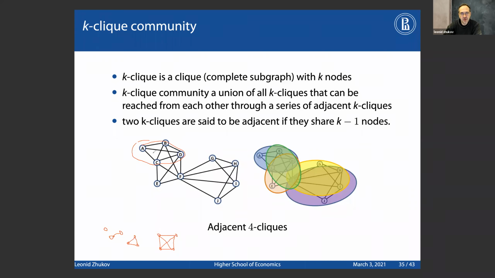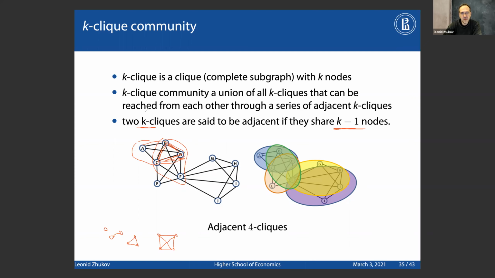Here, for example, if I take a clique with 4 nodes, then A, B, C, D is a clique, and B, C, F, D is another, so these are 2 cliques, and they overlap by those 3 nodes. And so here's the definition: 2 K-cliques are said to be adjacent if they share K minus 1 nodes.